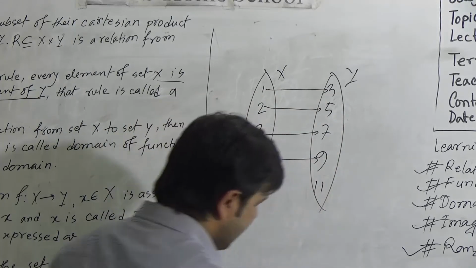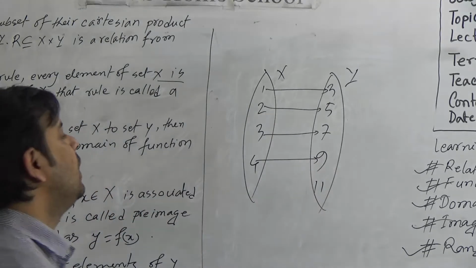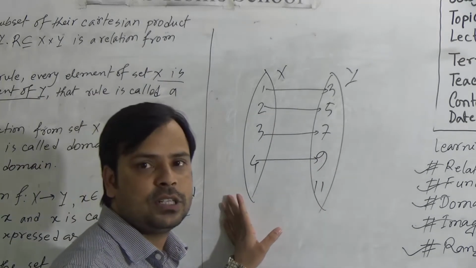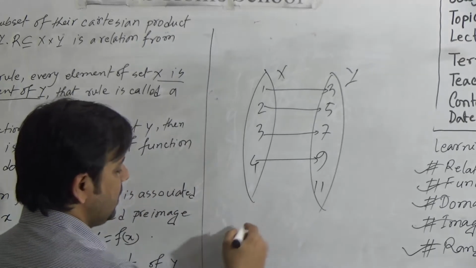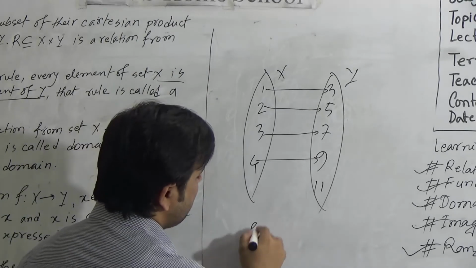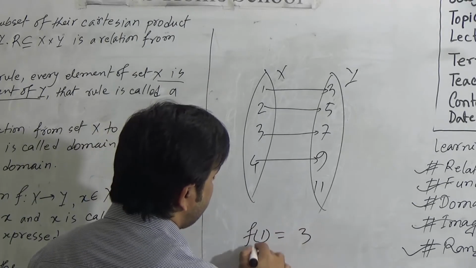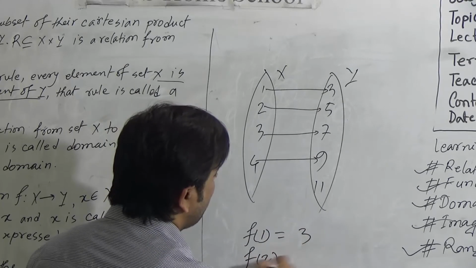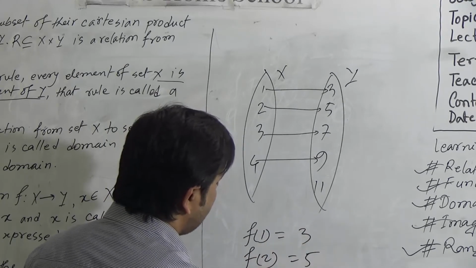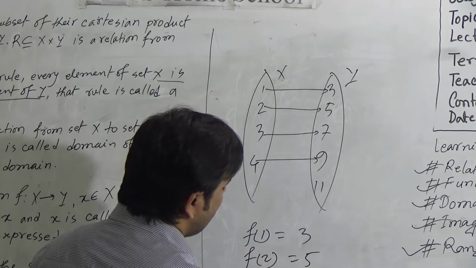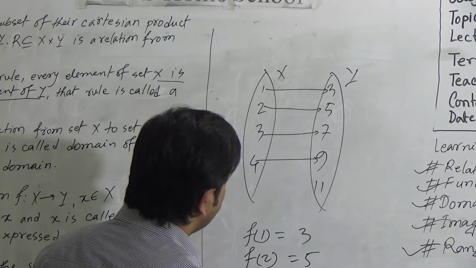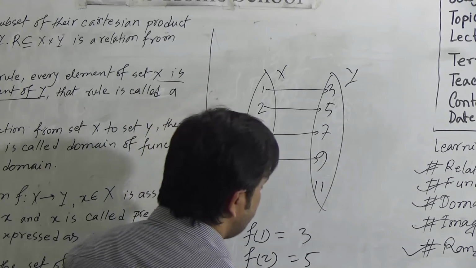But 11 is not the image of any element of X. So in this case, f of 1 will be 3, f of 2 will be 5, f of 3 will be 7, f of 4 will be 9.